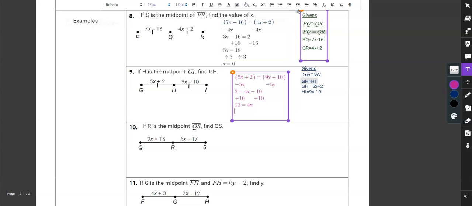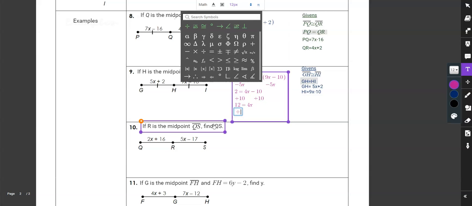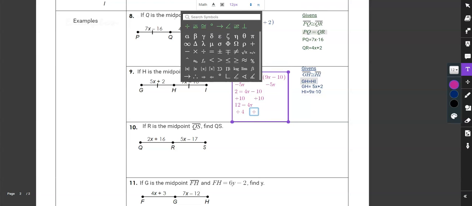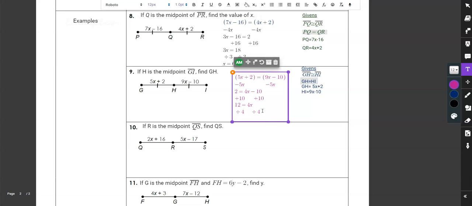We need to divide both sides by 4, doing the same thing we've been doing. Remember, if you're following along, you can just do the same exact things I'm doing. Copy the motions. And we're going to get that 3 is equal to x.